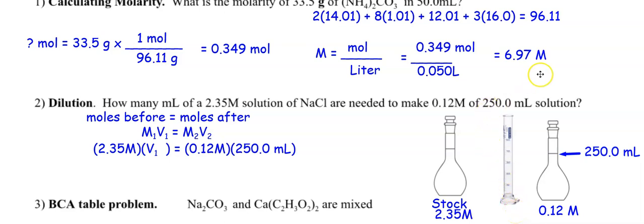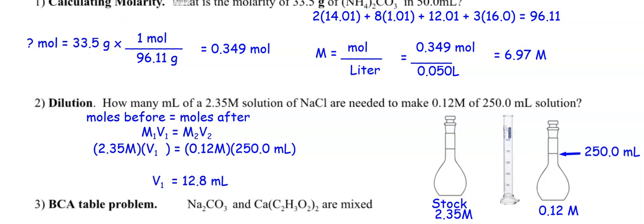And then I'll pour this into here and fill it up to the line, and I'll have a solution that's 0.12 molar. So that's what your V1 is all about. How much do you pour out? All right, so how do I solve for V1? I'm going to take 0.12 times 250 mL divided by 2.35 molarity, and I get 12.8 milliliters.